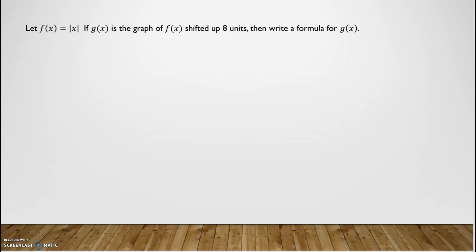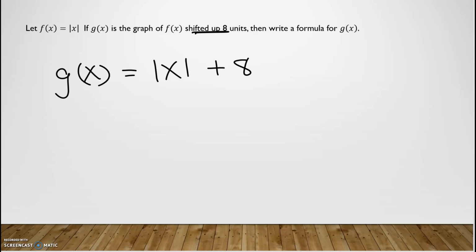So if it is shifted up 8 units, that's a vertical shift. That means it's only going to affect the y values. So this is now g of x. It would be the absolute value of x plus 8. Okay? And that's it. That is your formula.